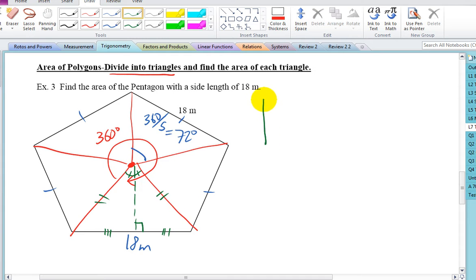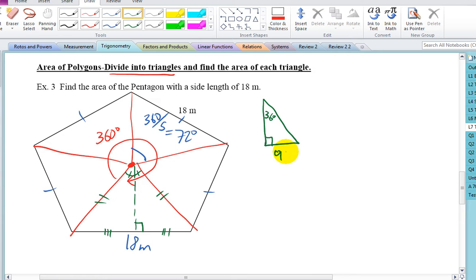So let's draw one little small triangle. What would be the bottom measurement? Good. And what would be the angle? 36, 72 divided by 2. So what do we need to do in order to find the area? We've got to find the area of this triangle.